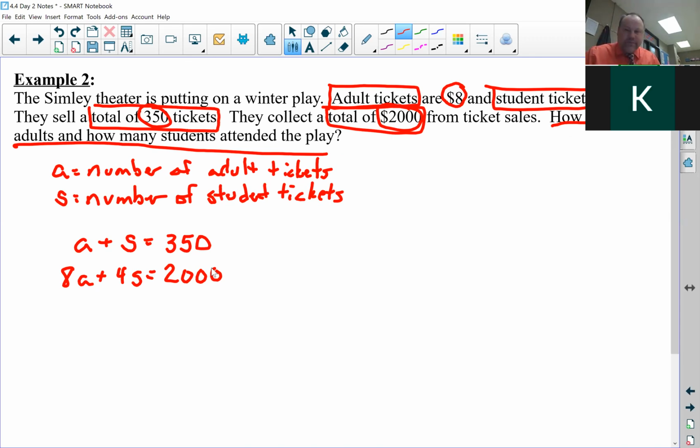Which method do we want to use to solve our system? Which one's going to probably work the best for us?